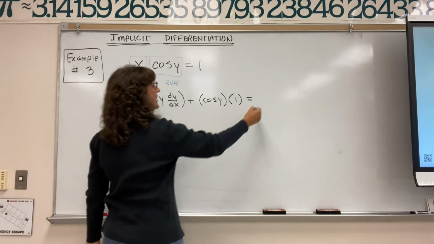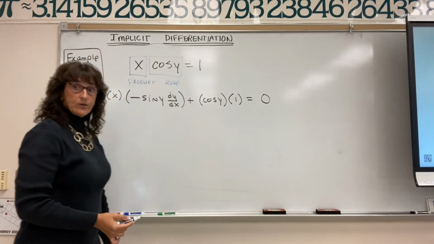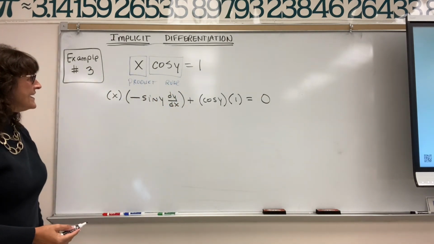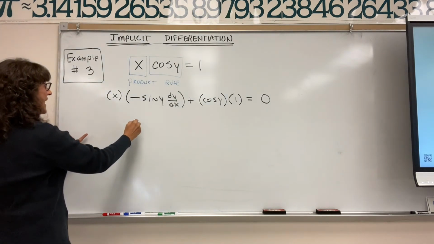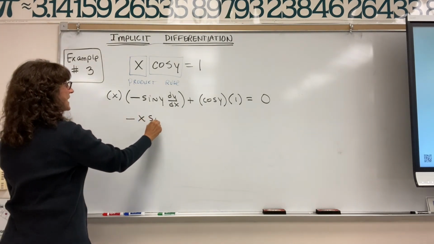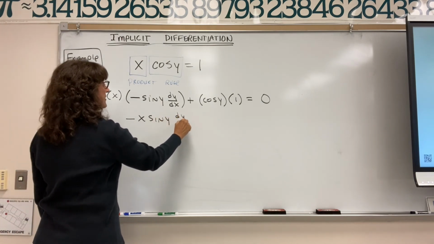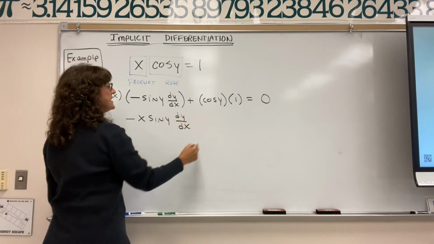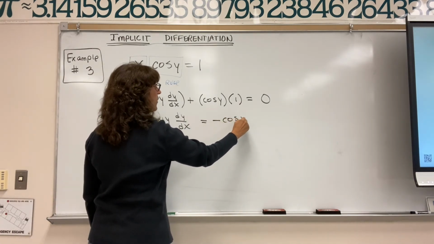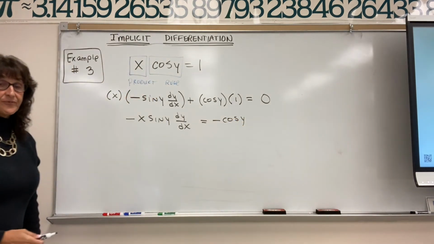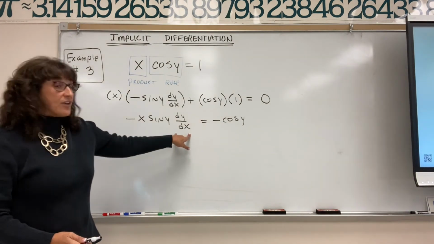The right-hand side, derivative of a constant. Okay, so that goes to 0. All right, now what? Dy dx terms stay on the left. So what do we have here? Negative x sine y dy dx. Dy dx term stays on the left. Non-dy dx moves to the right, so I'm going to subtract the cosine of y from both sides. So we're here, okay? And then solve for dy dx.